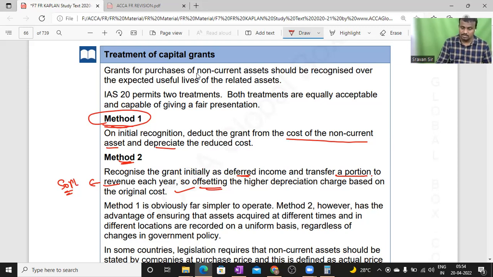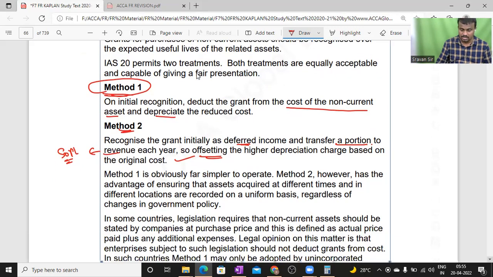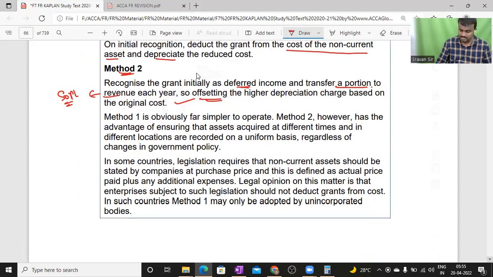So we have to apportion the respective deferred income in proportion to depreciation every year. So this is relating to the accounting for capital grants.